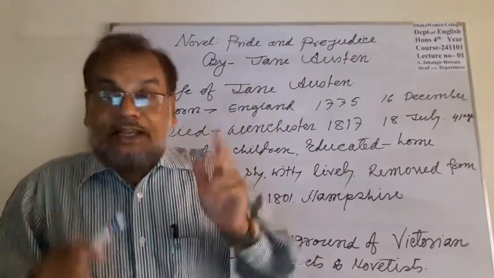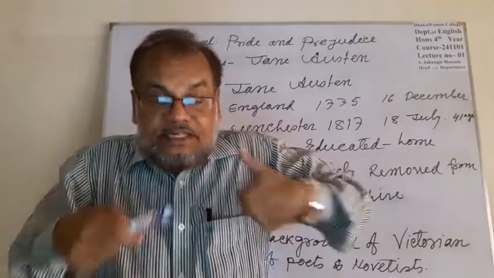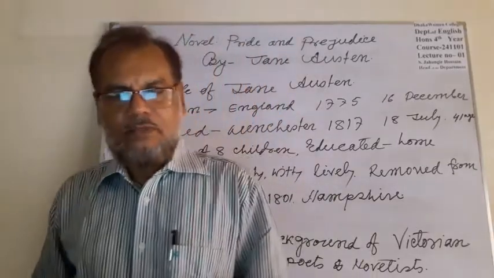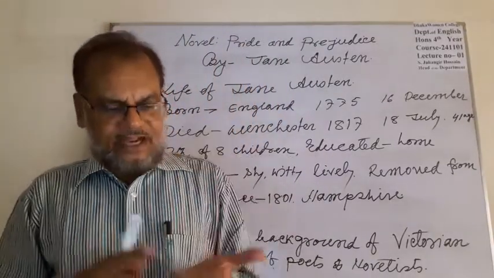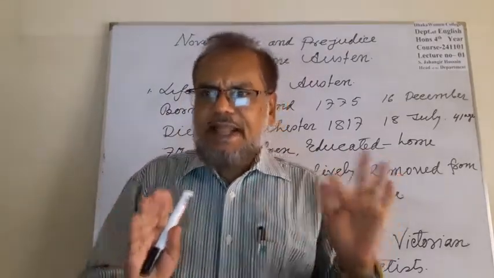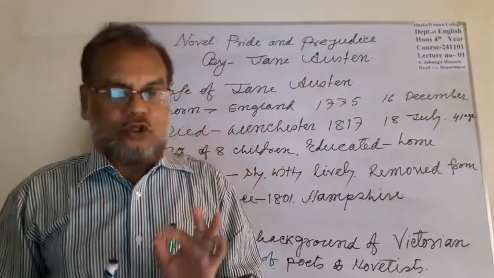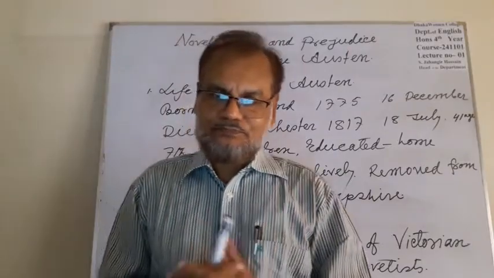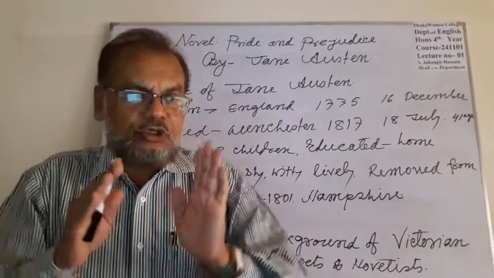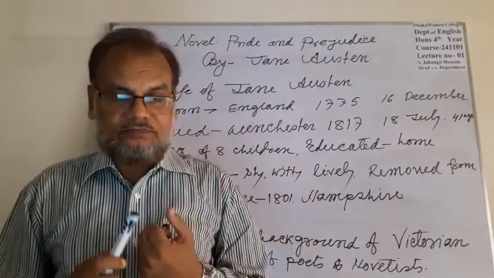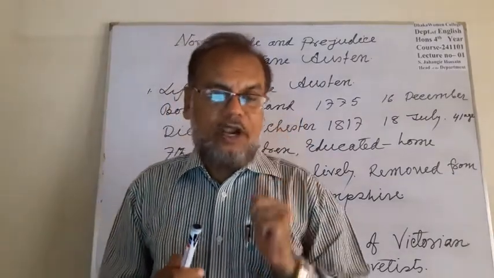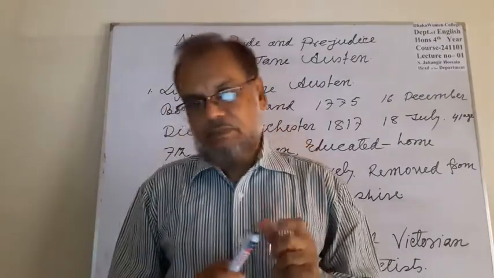During her study time at home, she learned French, Italian, history, and became acquainted with Shakespeare and also Milton. So from the very beginning of her life, she tried to know more and more. Reading is one of the important ways to achieve knowledge.